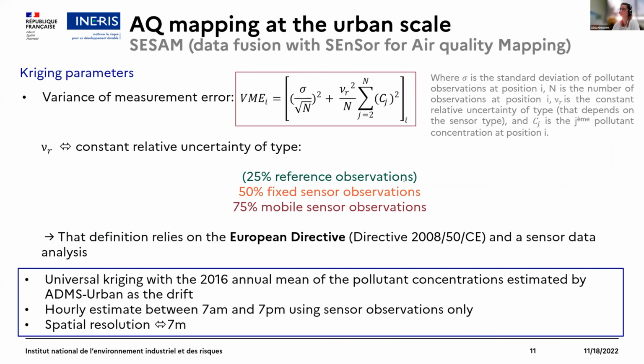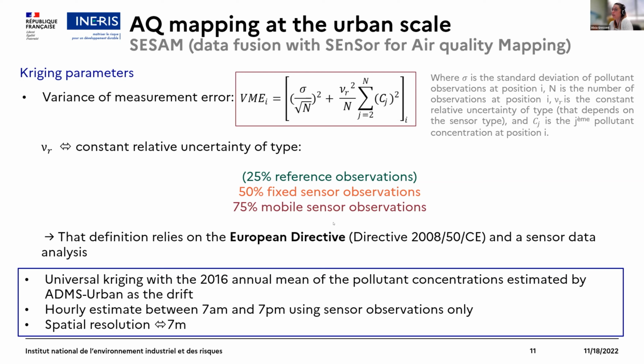And we define, as I mentioned, the variance of measurement error, the VME, which is the combination of the dispersion of the observations at each measurement position and the uncertainty. In the uncertainty term, we have a constant relative uncertainty by type.